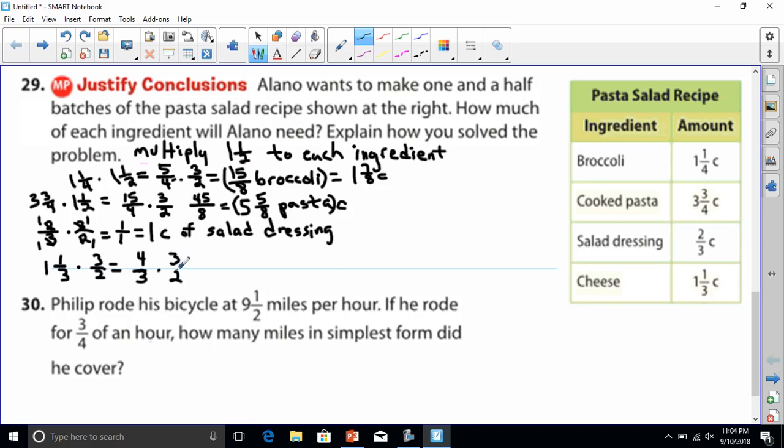And if I have a number in the numerator and denominator, I can cross them out, leaving 1, which leaves me with 4 times 1, which is 4, and 1 times 2, which is 2. And every fraction is really a division problem. 4 divided by 2 equals 2. So this is 2 cups of cheese.